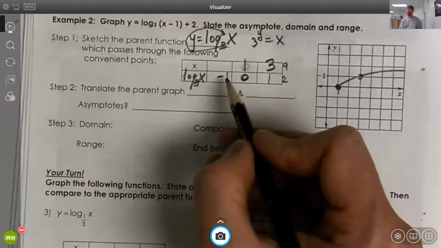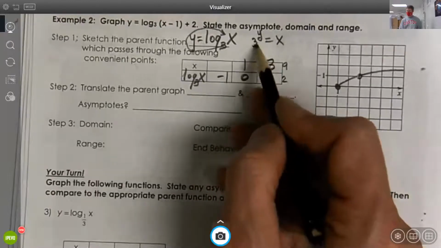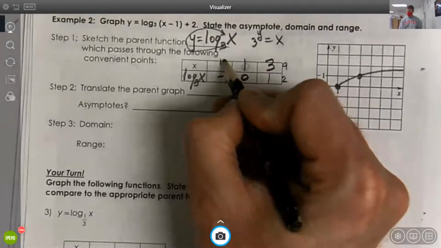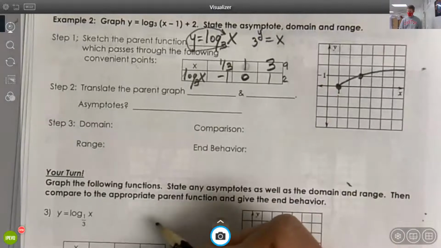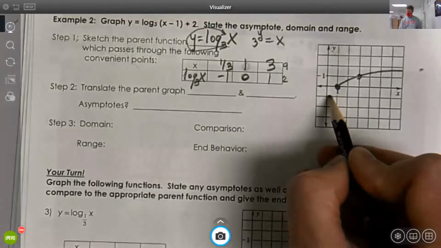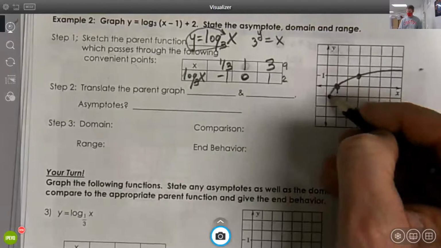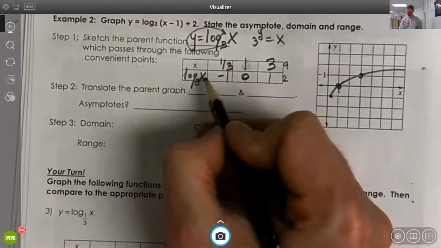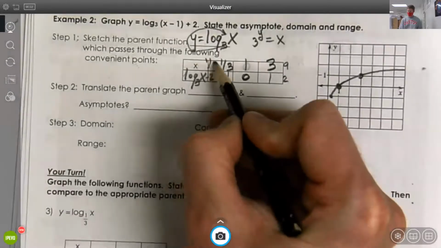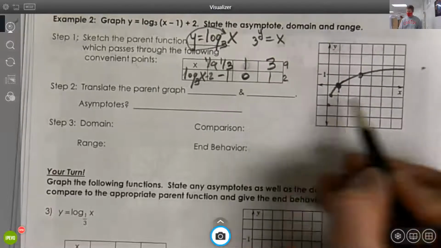Looking to the left, when the exponent is negative, we take and put your base in the denominator. So we get 1/3. So when x is 1/3, we're down at -1. And we can continue that further if we wished. When x is 1/9, y is -2. So that means when you're barely off the line, you're down by 2.